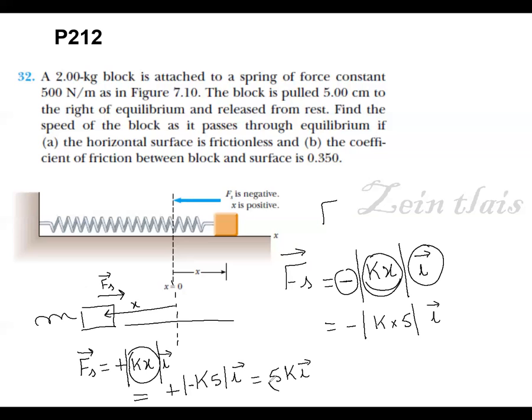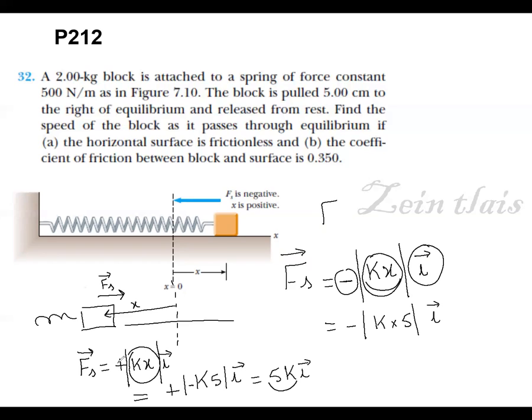So this one is a magnitude. You always put the magnitude in absolute value, and you put minus i or plus i depending on the direction of Fs.